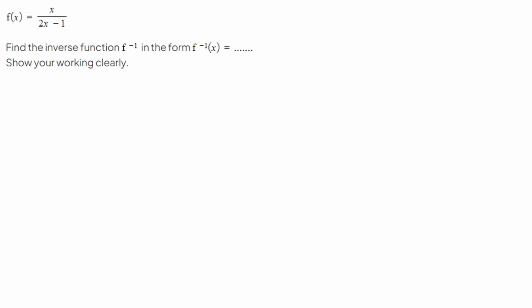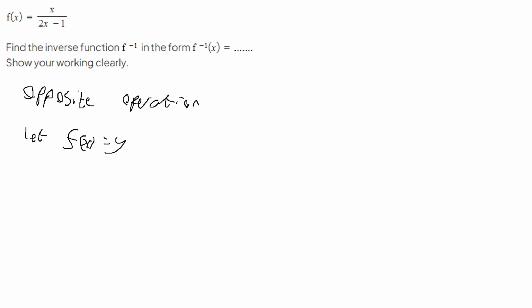Finally, what if we're told to find the inverse of a function? Whenever it's talking about the inverse, the inverse operation is just the opposite operation. The way we can do this is we can let f of x be equal to y and then make x the subject.